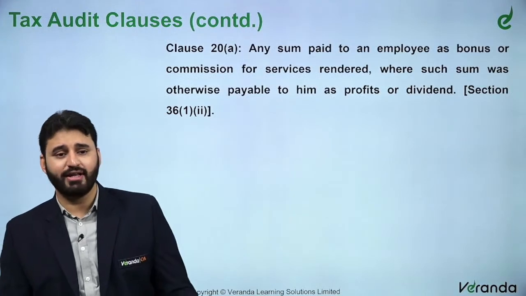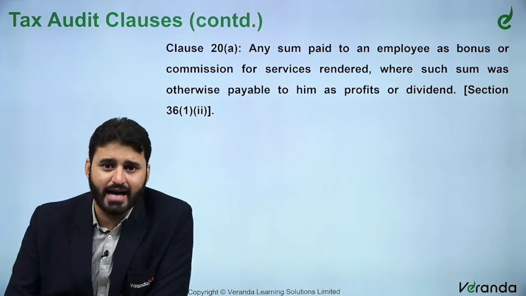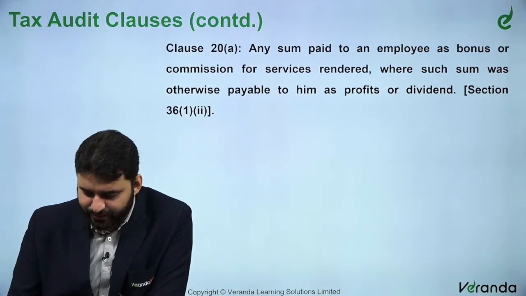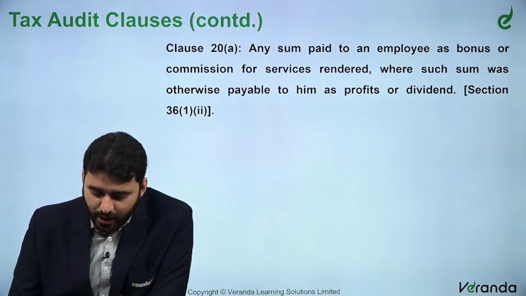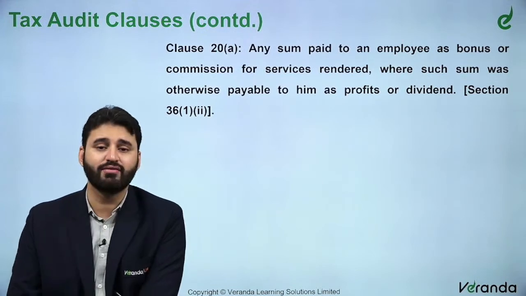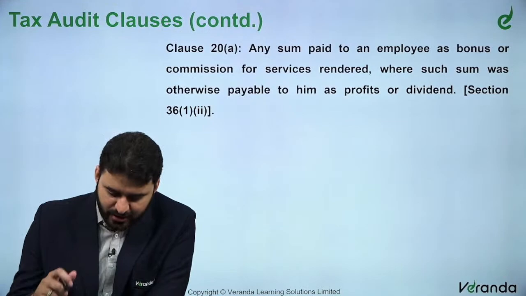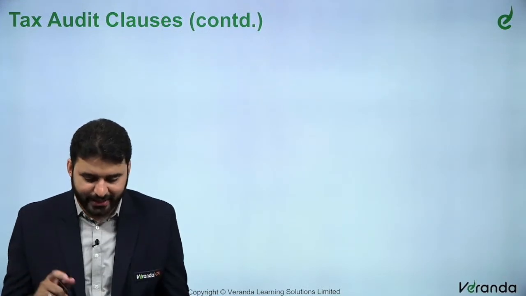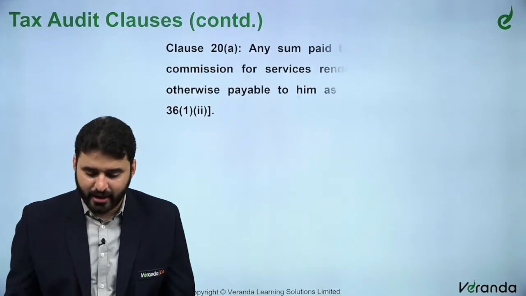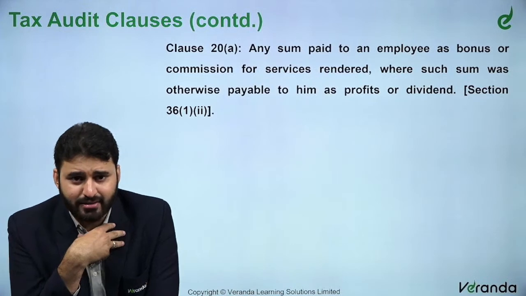Clause 20, yes sir, a very important clause. Any sum paid to an employee as a bonus or commission for the services rendered, where such sum was otherwise payable to him as profits or dividend. Section 36 subsection 1 clause 2. Again I repeat: clause 19 we discussed, and this is clause 20.